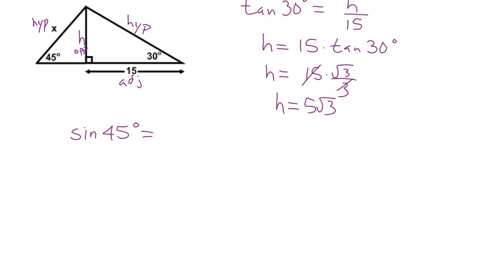Sine of 45. If you wrote cos, I'm going to take a half mark off, because you're still going to get the same answer since sine and cos 45 are the same. But if you want to use cosine, there better be some work there that justifies it.